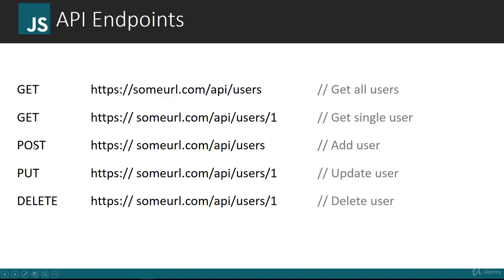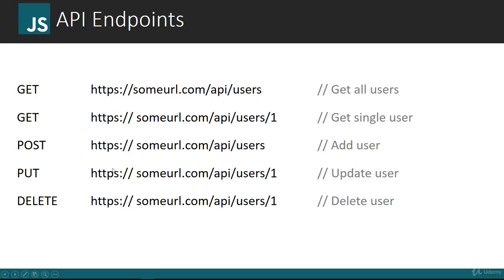This is a POST request, so this would add a user. It would be a POST request to /api/users. Now notice that these two are the same exact URL, and that's absolutely fine because they're different methods. One is a GET request, one is a POST request. So you can have the same URL as long as they're different methods. This would be an example of a PUT request to update a user. Now it's important to note that with POST, PUT, and DELETE, you're going to send data along with your request because it needs to know the post data to add.